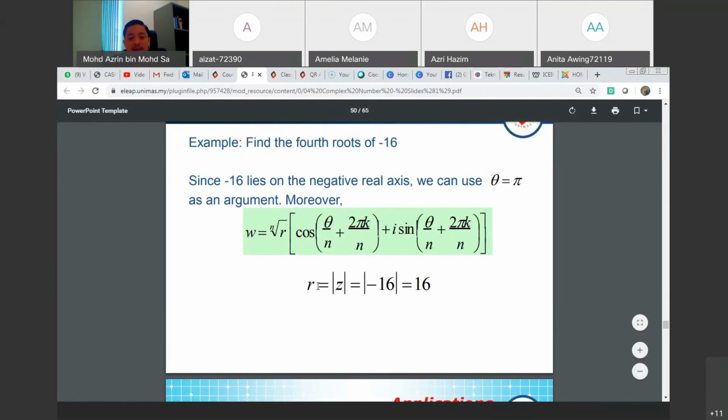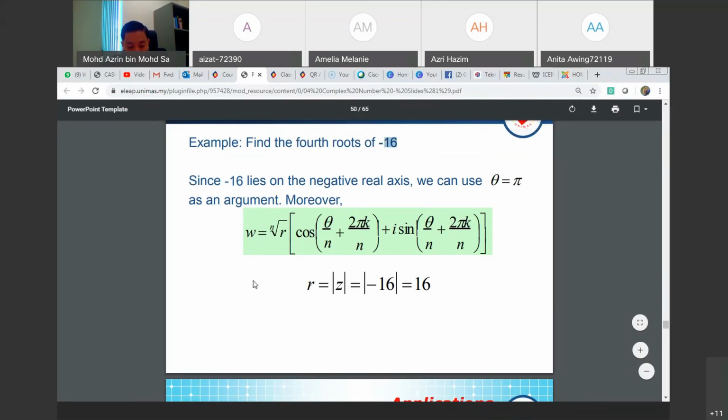You want to find the fourth roots, meaning W1, W2, W3 and W4.